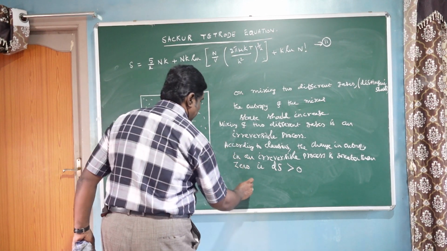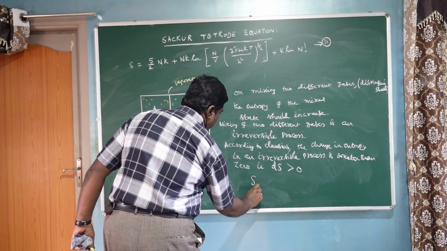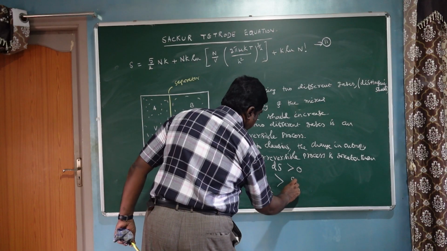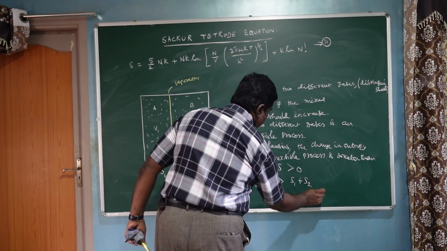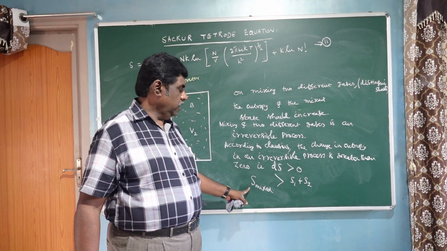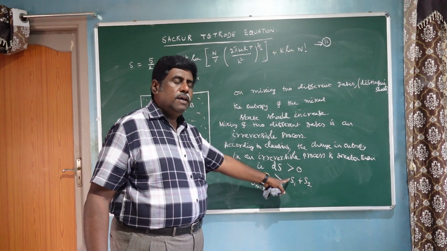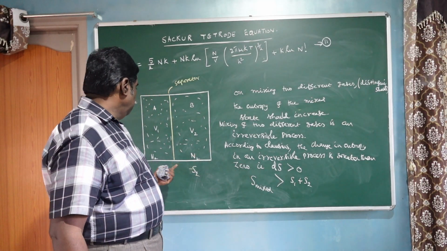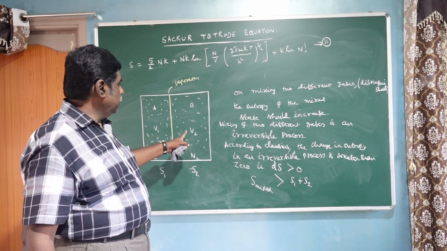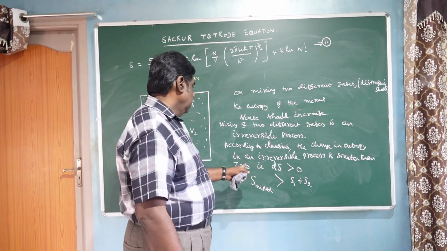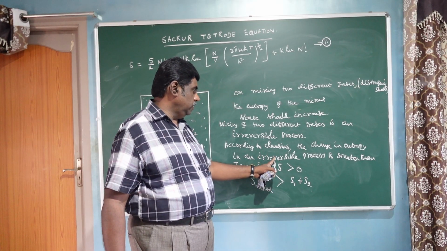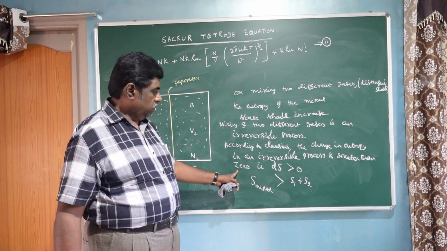Therefore, S mixed, the entropy of the mixed state, should be greater than S1 plus S2. See here, the entropy of the mixed state should be greater than the sum of the entropies before mixing. S1 is the entropy of the gas in A, S2 is the entropy of the gas in B. According to Clausius, the change in entropy in an irreversible process is greater than 0.